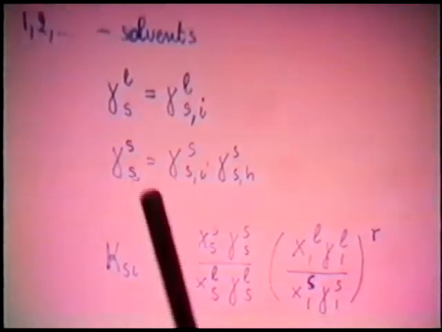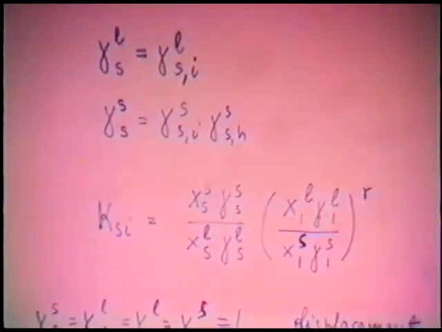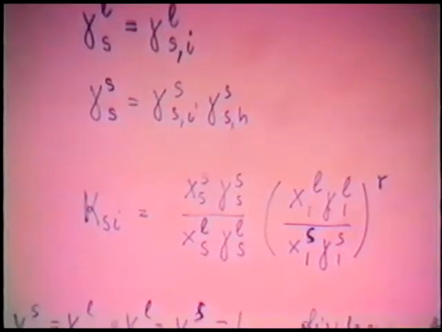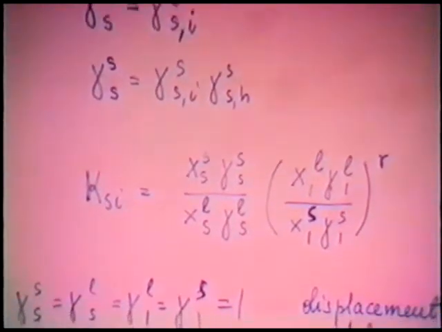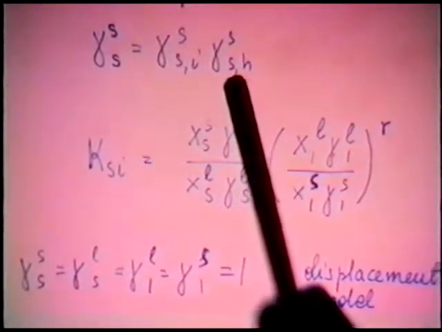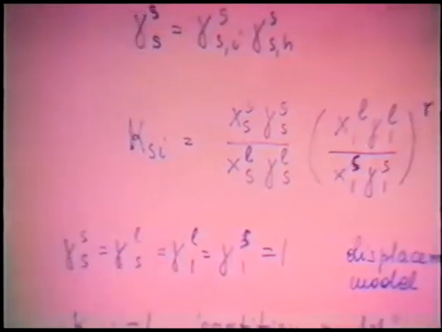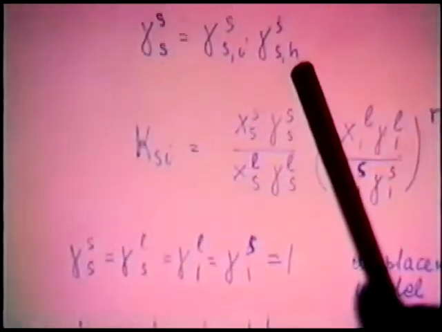However, the activity coefficient in the surface phase is dependent on interaction between solute and solvent molecules, and is dependent also on non-ideality of surface solution generated by adsorbent heterogeneity.